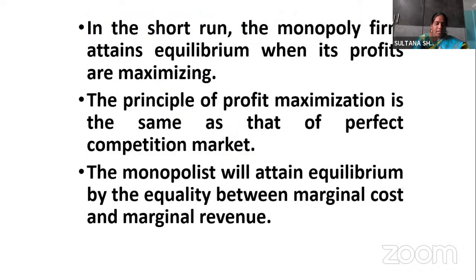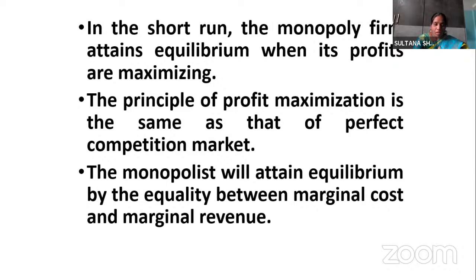Let us see the concept of equilibrium. In the short run, the monopoly firm attains equilibrium when its profits are maximized. When the firm is getting maximum profits, it will be in the position of equilibrium.